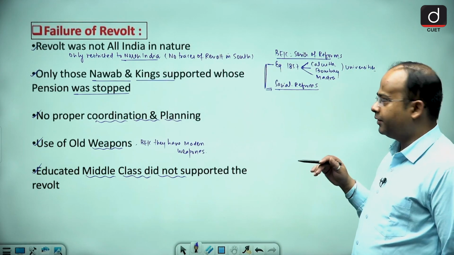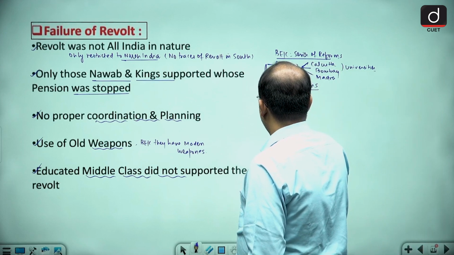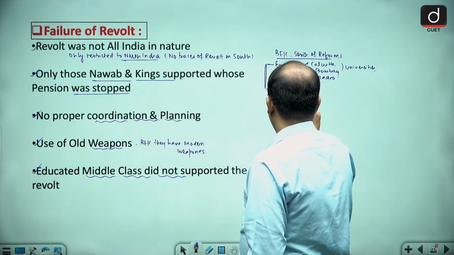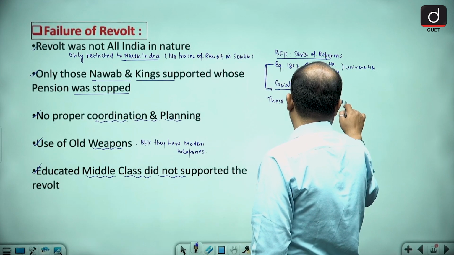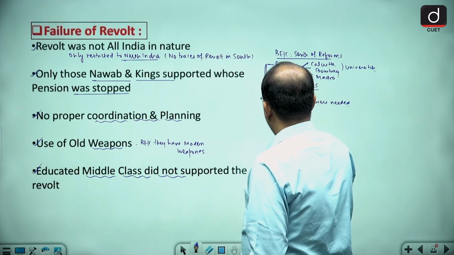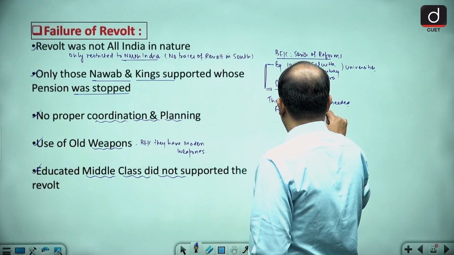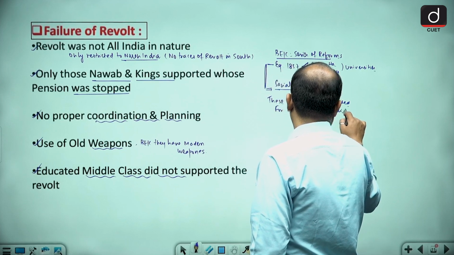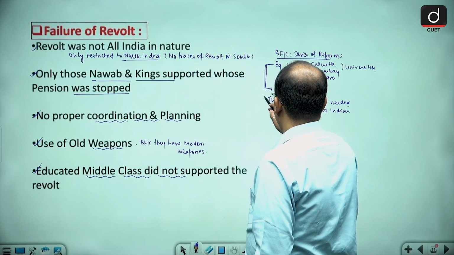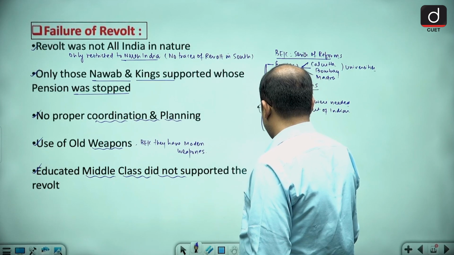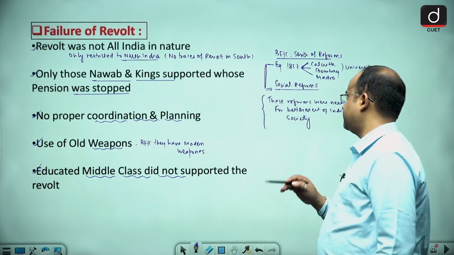According to the educated middle class, these reforms were needed for the betterment of Indian society. Once Indian society becomes a better place to live, these reforms are necessary.